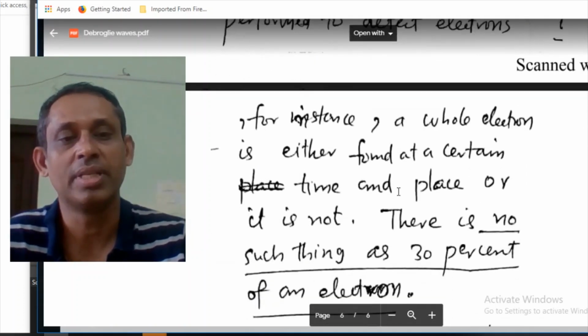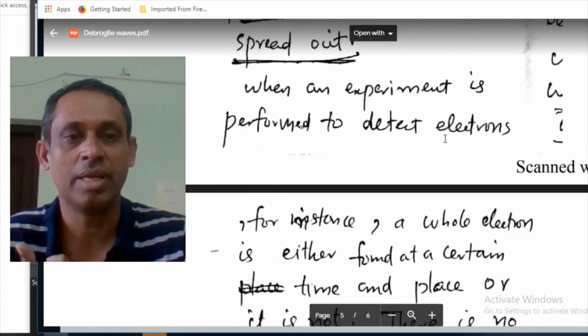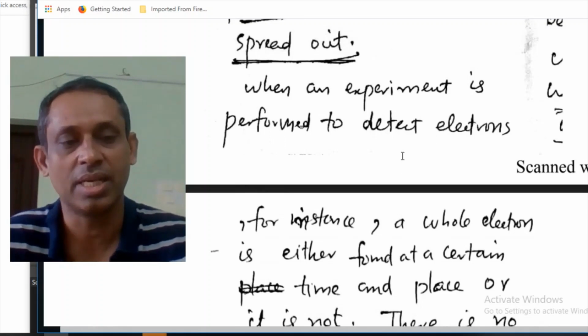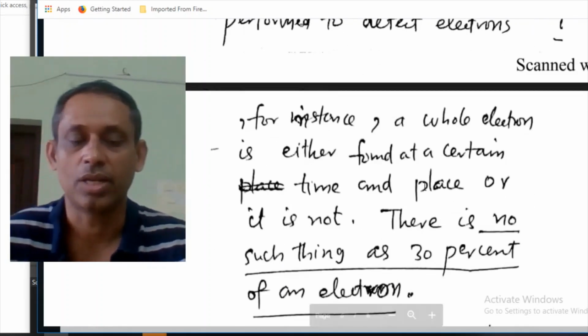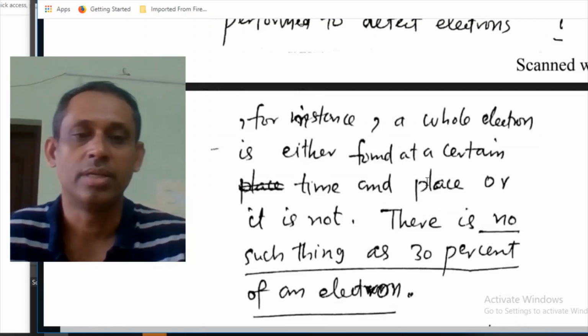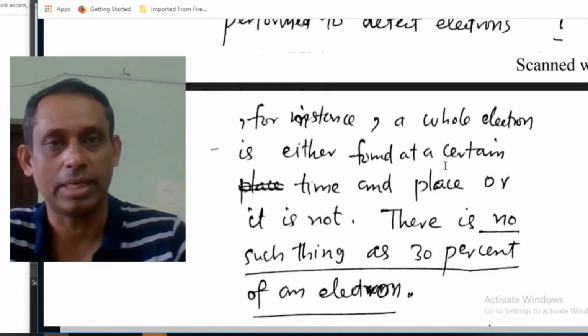That does not mean that if you experimentally try to detect an electron, you will get 0.3 part of the electron. You will either get a whole electron or no electron.